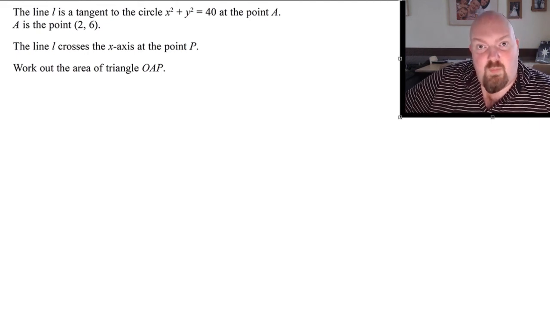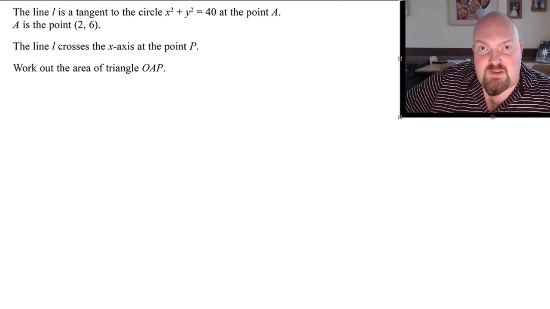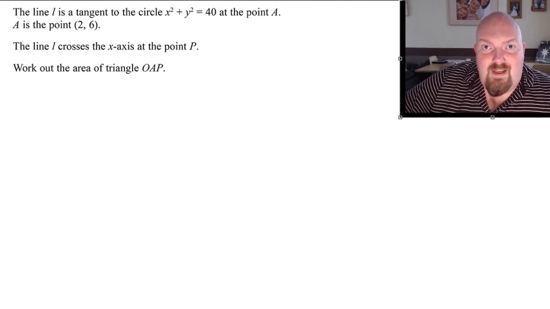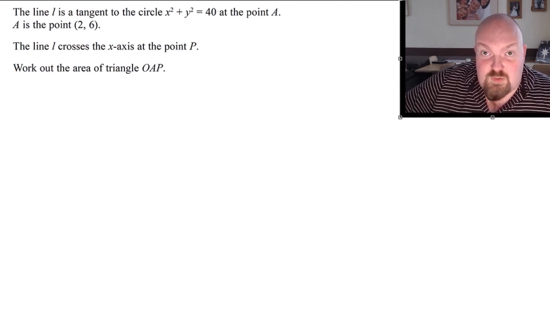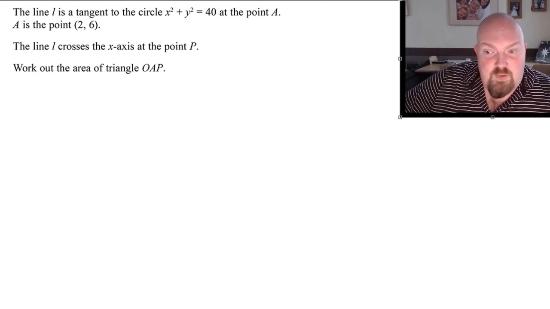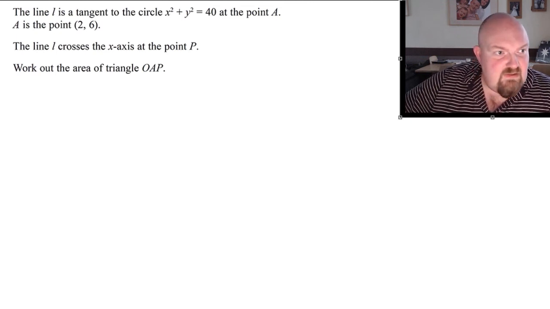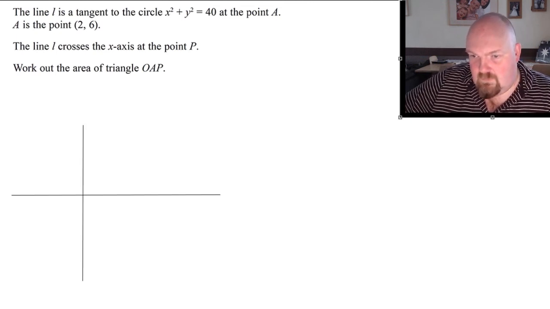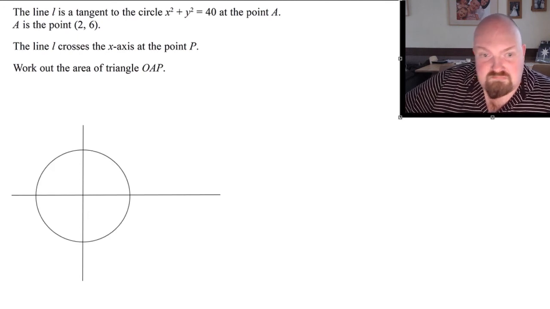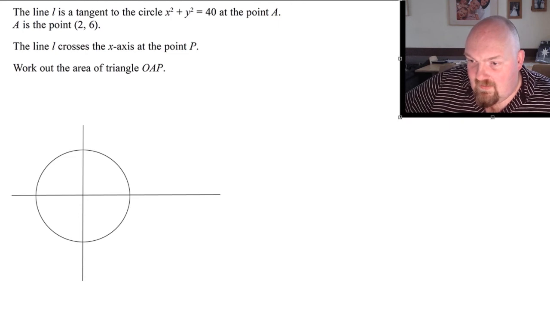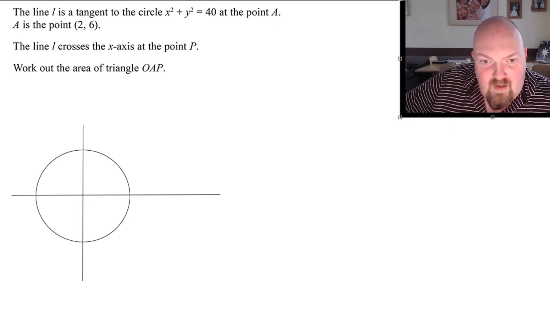I'm not good enough with my little tablet yet to be able to draw a sketch on there, so I've used my computer to do it. So we're going to put in a set of axes. There are my axes. I've got a circle, so I'm going to put my circle on there, and then I'm going to draw two lines.